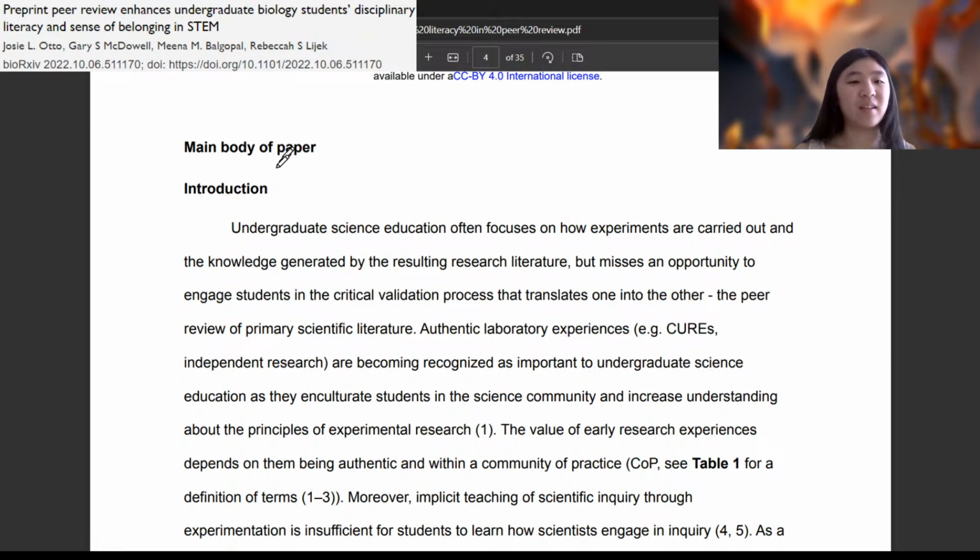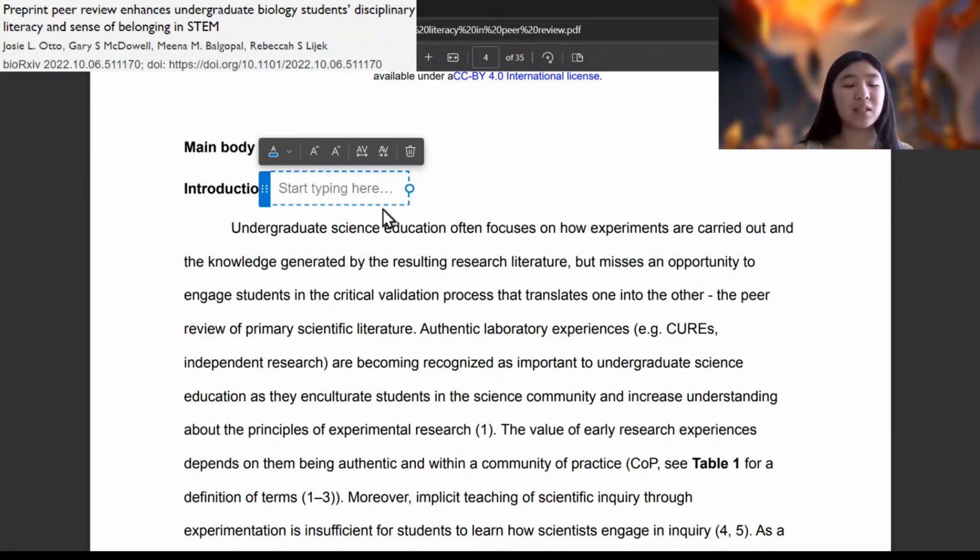Okay, on to the introduction. Now, the introduction of any article basically provides a summary and background context of the main topic.